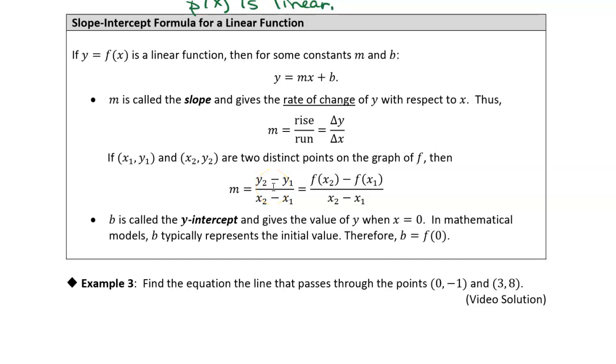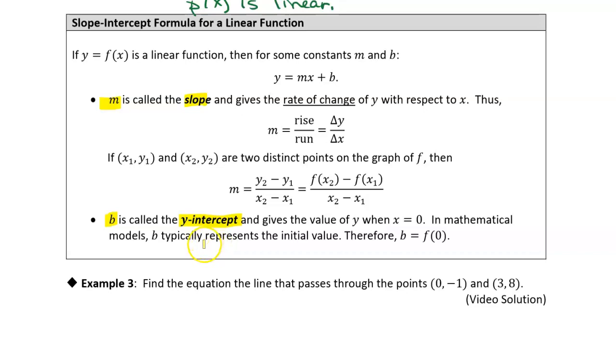All right, so before we go on to example 3, I want to talk about the slope-intercept formula for a linear function. The nice thing about the slope-intercept formula is if you know the slope and you know the y-intercept, so this b value is the y-intercept, it's the place where, if you were to graph this function, the line crosses the y-axis.